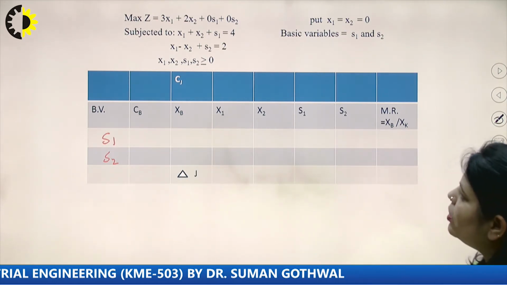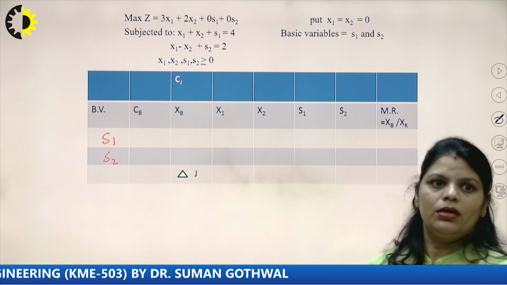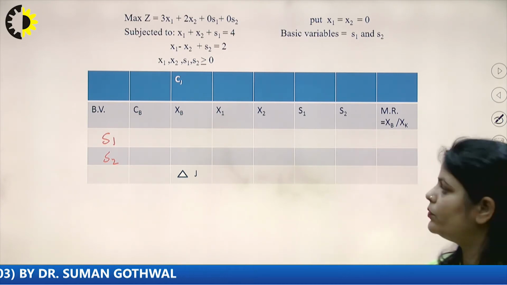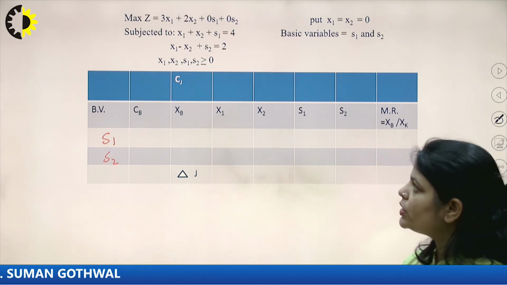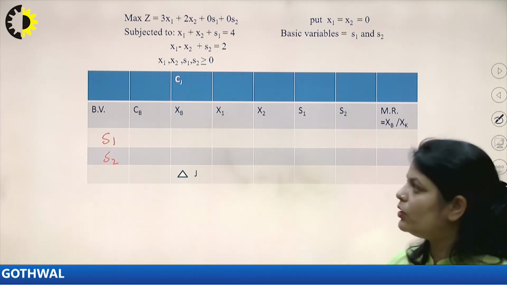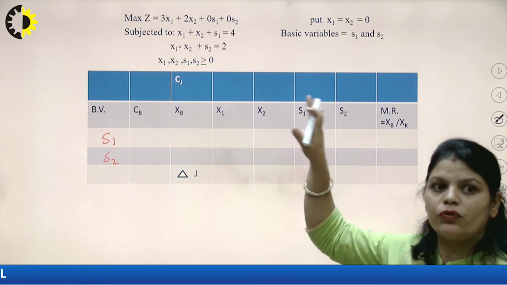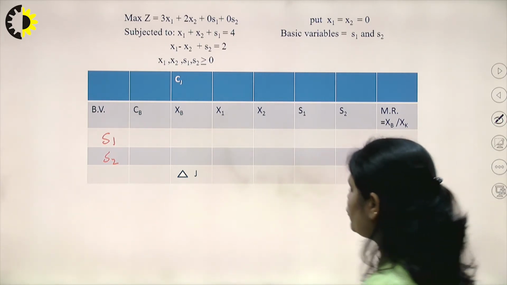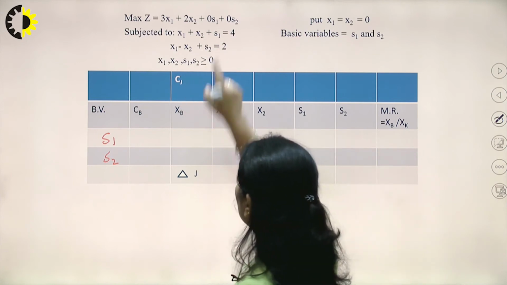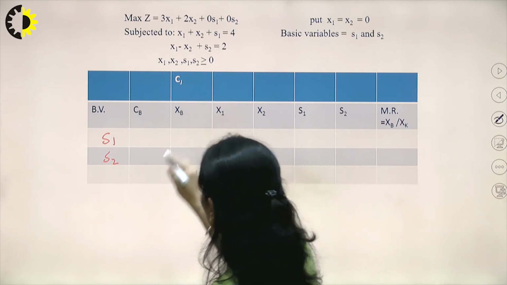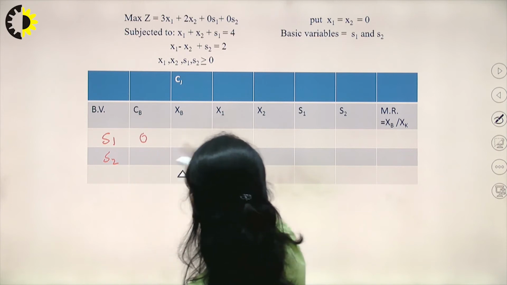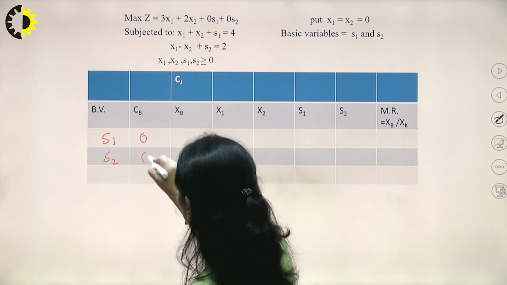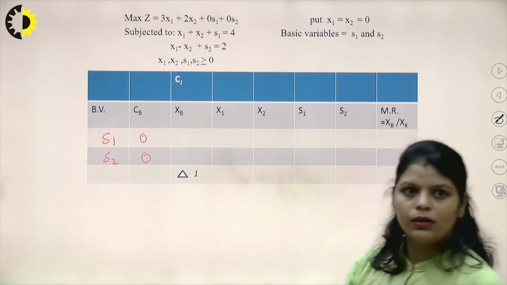Then the second column is for CB. CB is indicating the coefficient of the basic variables. Clear? And the values of this CB we will get from the objective function. In the objective function, we can see the coefficient of s1 is equal to 0 and the coefficient of s2 is also equal to 0. Clear?